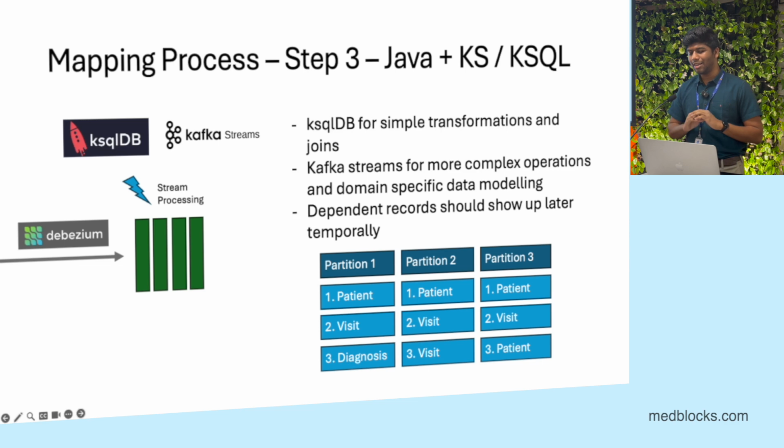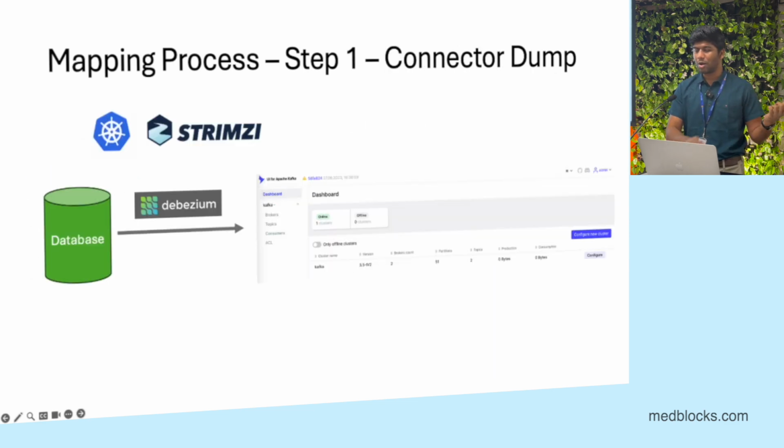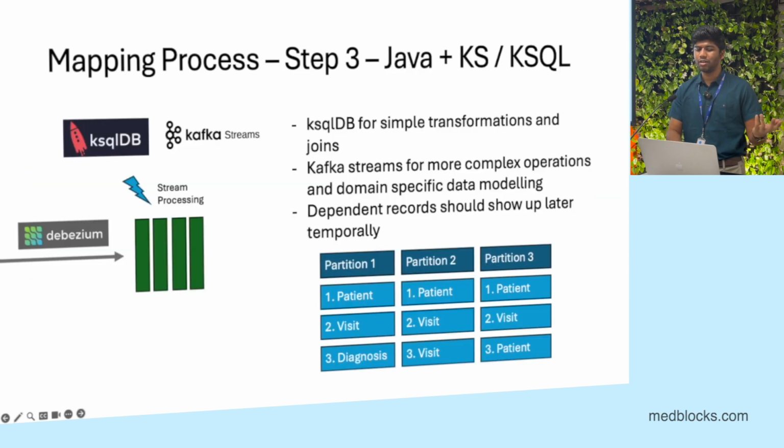But then we realized the simplest solution is, while setting up Debezium from the database, you include the tables incrementally. You initially just start including the patients only, and once it's in Kafka, then you start including the visits, then you start including the diagnosis. That way, the data in Kafka by nature is in the order in which they depend on. And then the real-time data, once it starts coming in from the database, is going to be in this order anyway.